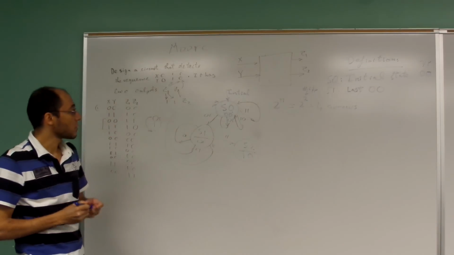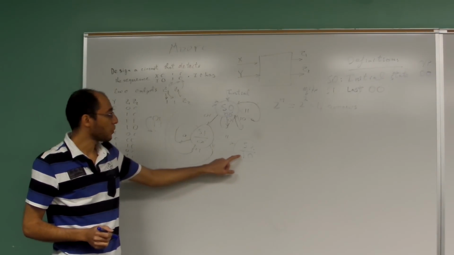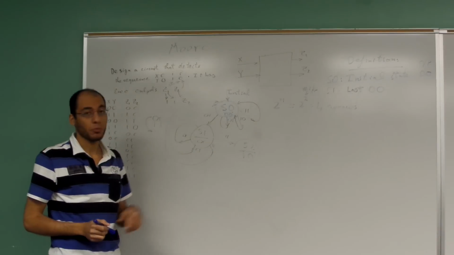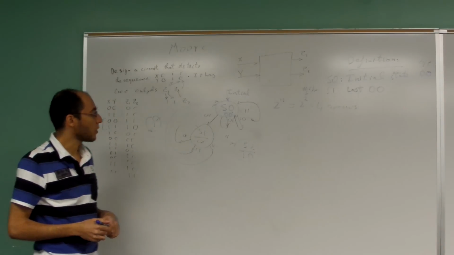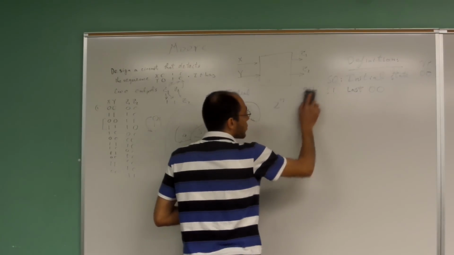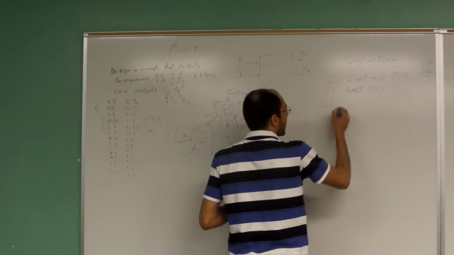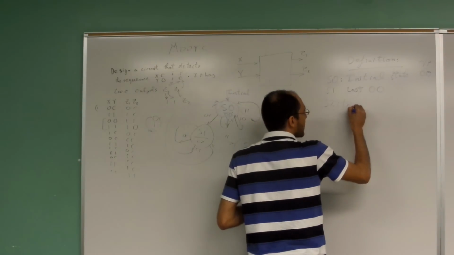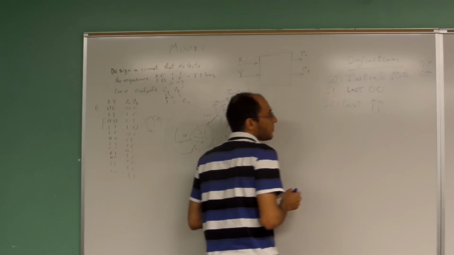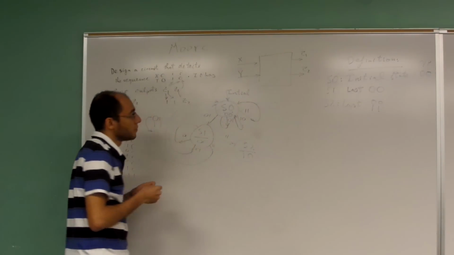Why 1? Because whenever I receive 0, 0 followed by 1, 1, I should output 1 at Z1, and at Z2 I should output a 0. And that's why S2 is defined as last 2 bits are 0, 0 followed by 1, 1.